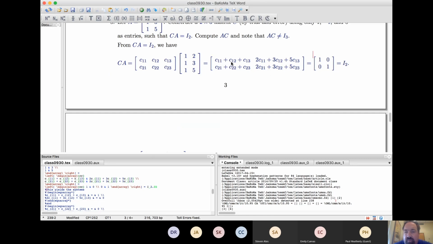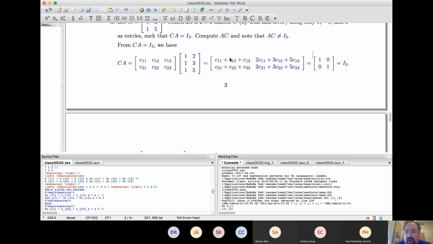So what I could do is think of this as two systems of equations, one for the first column and one for the second column. So I have C11 plus C12 plus C13 equals 1. And then this one, 2C11 plus 3C12 plus 5C13 equals 0.